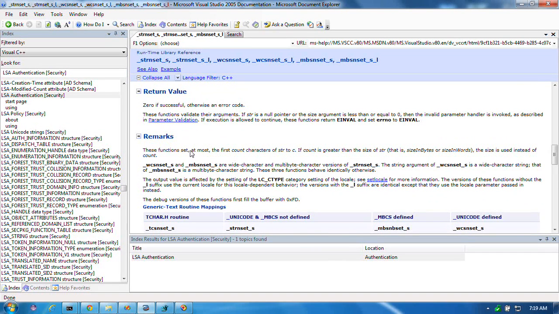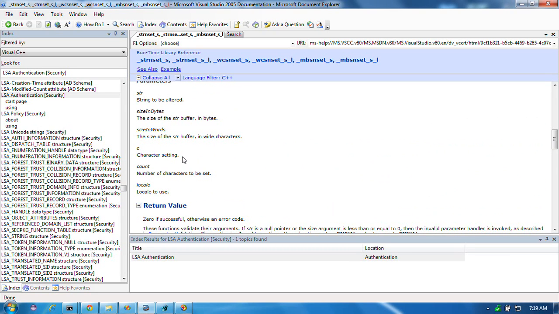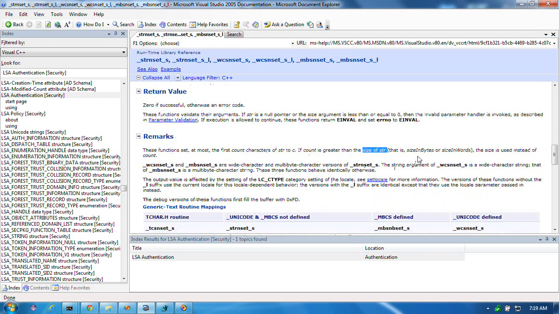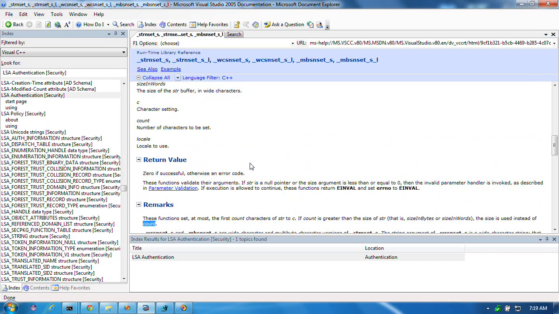These functions set at most the first count of characters stir to C. If count is greater than size of stir, that's bytes or words. Now size is something you pass in. The size is used instead of the count, right? So use the smaller of the two.